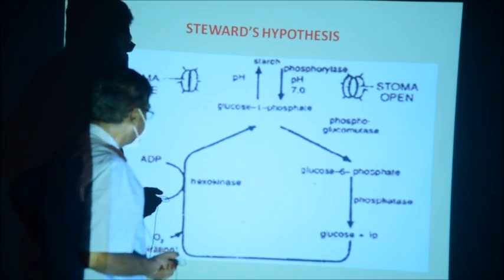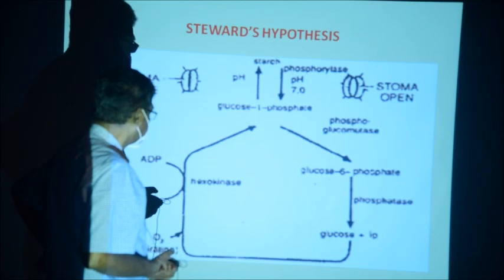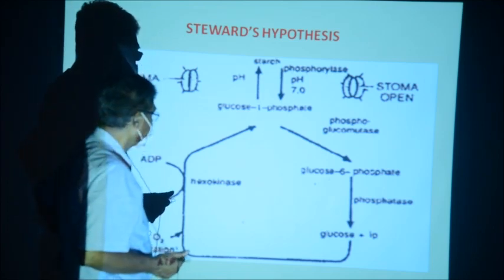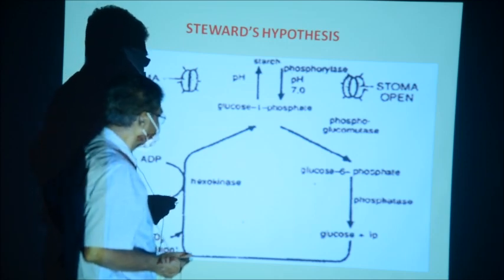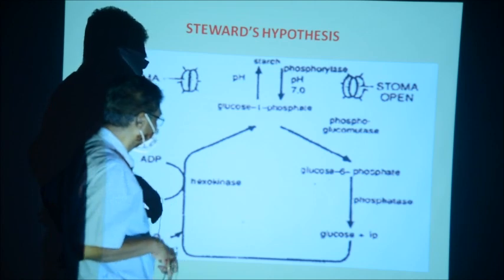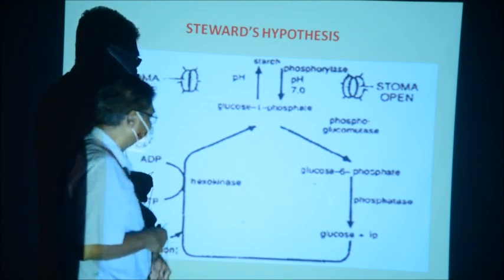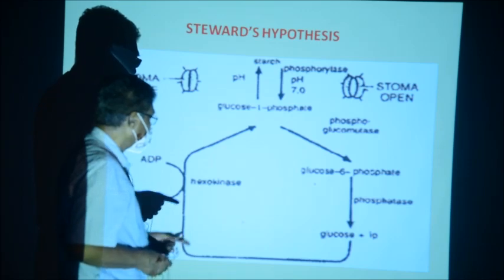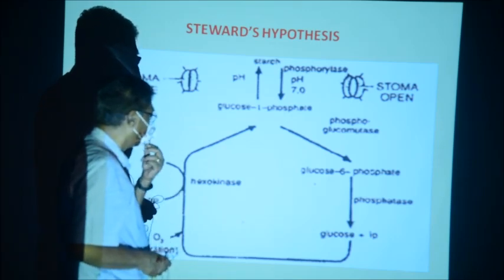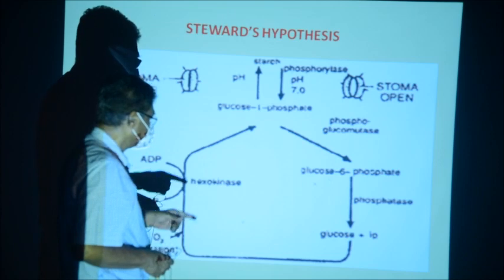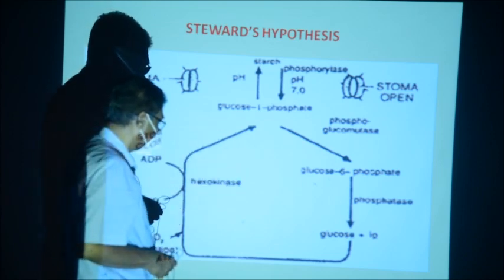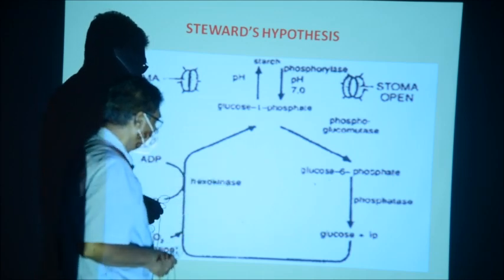is that during daytime, starch is converted to glucose 1-phosphate in the presence of the enzyme phosphorylase at pH 7, and then glucose 1-phosphate is changed to glucose 6-phosphate in the presence of phosphoglucomutase, and glucose 6-phosphate in the presence of phosphatase changes to glucose.